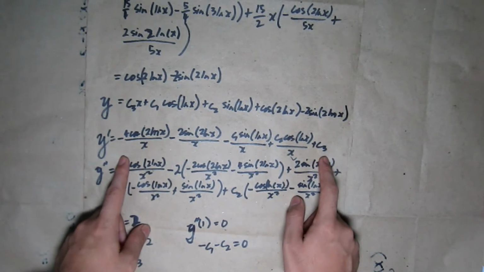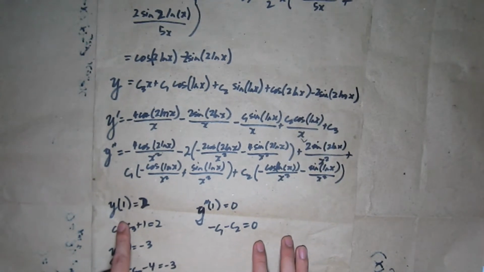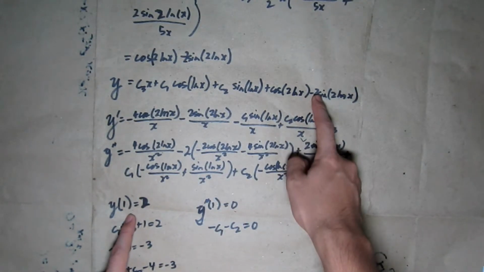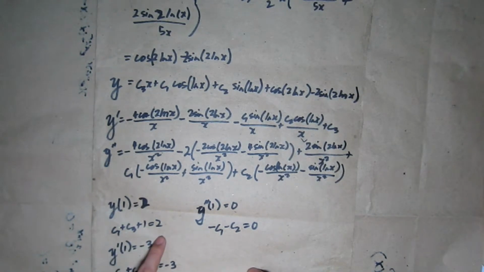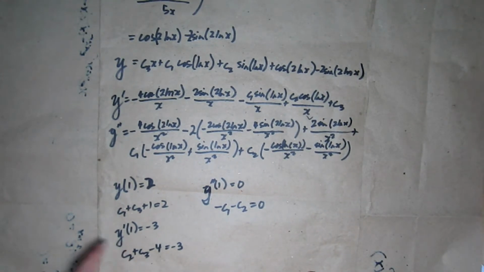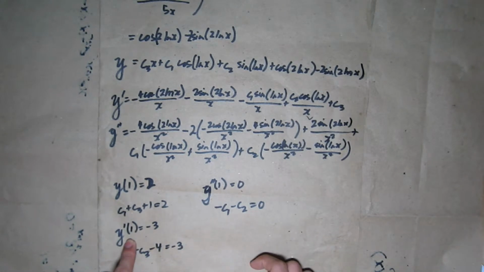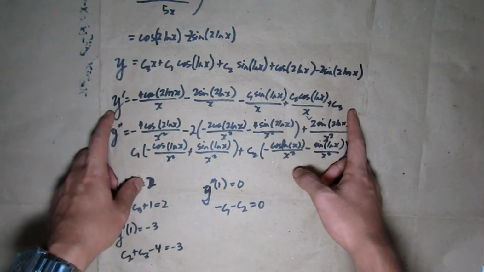Now what we are going to do is use y of 1 is equal to 2 on this expression of y. We substitute it and we have c1 plus c3 plus 1 is equal to 2. We use y prime of 1 is equal to negative 3 in the equation of y prime.